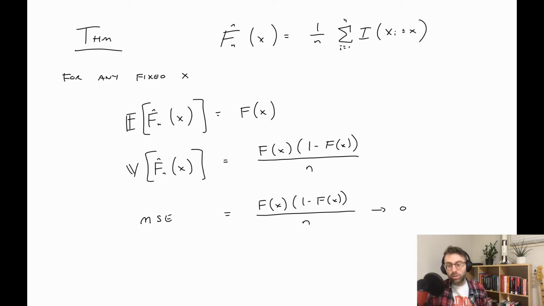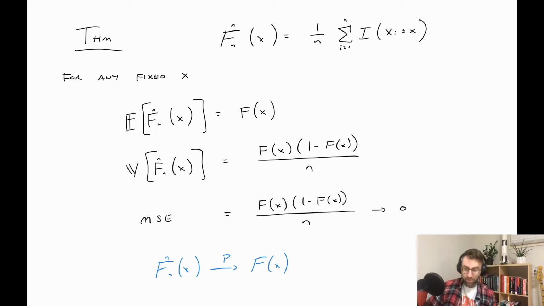And as a result, because the first line tells us that it's an unbiased estimator, that together with the fact that the variance has this nice 1 over n says that as n goes to infinity, the mean squared error goes to 0. And it also turns out that the empirical distribution function converges in probability to the true distribution function. Now I could sit here and prove all of these, but instead we'll do proof by exercise to the reader.